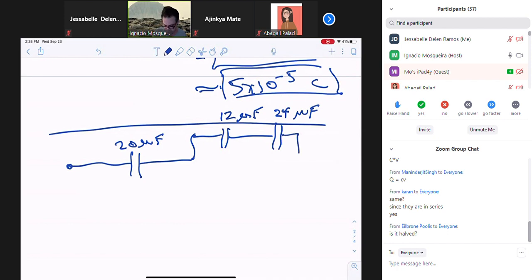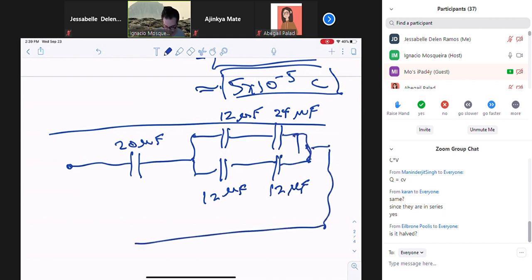So there's 12, and then the other one is 12 again. Okay, and then there's 100 volts across this thing. So first question, what is the C equivalent?